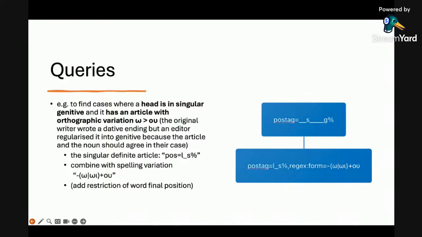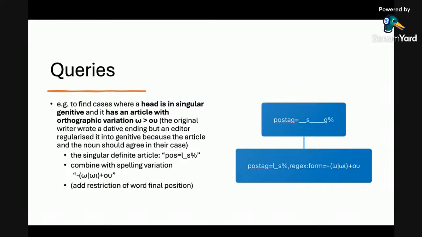So there we have the postag for article, which is L, and in the singular, and then again we can have the same phonological orthographic query added. So this way we can combine the syntactic query and some morphology and the orthographic in the same query.